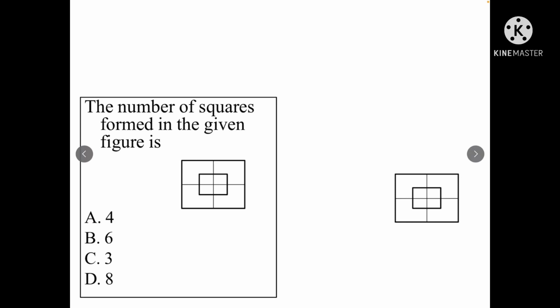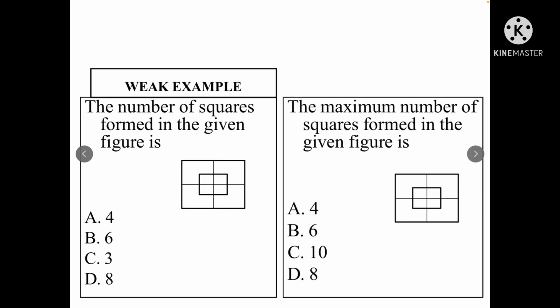A student, when thinking deeply about this, is not likely to select any answer as the correct answer which is not in the options. So this is a weak example of an MCQ type. The correct question should be like this, which is a good example.